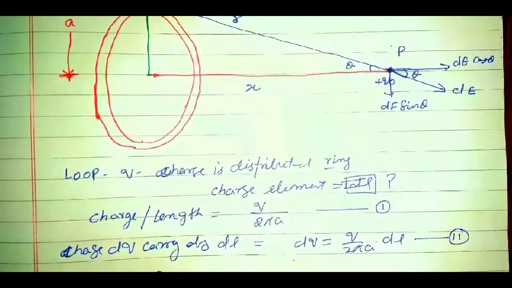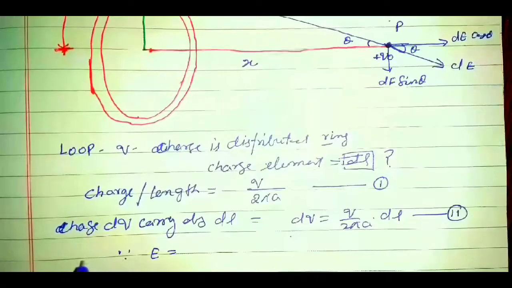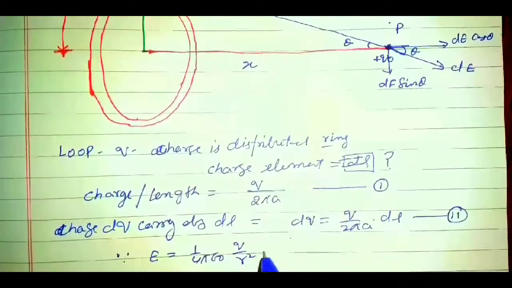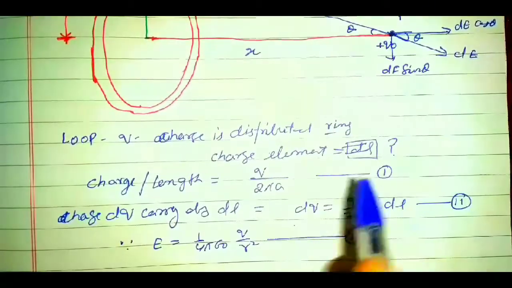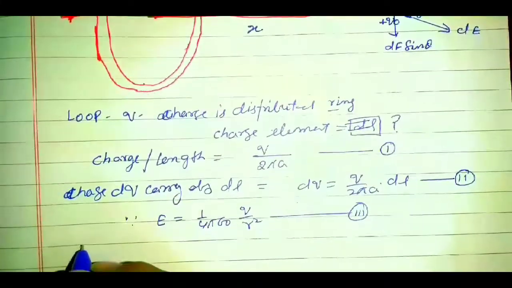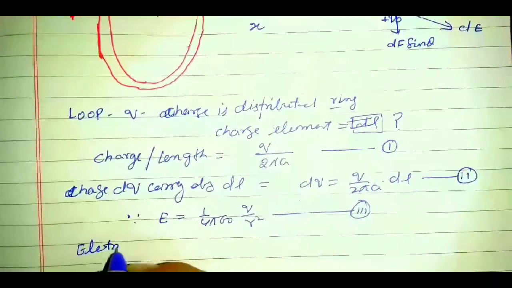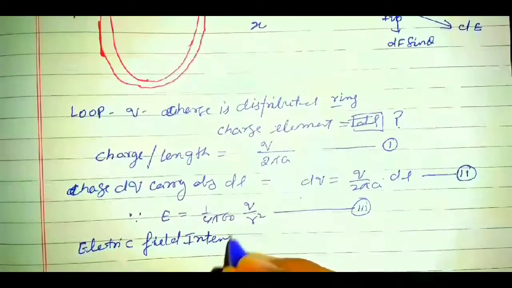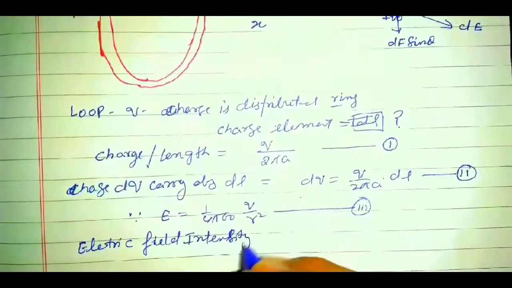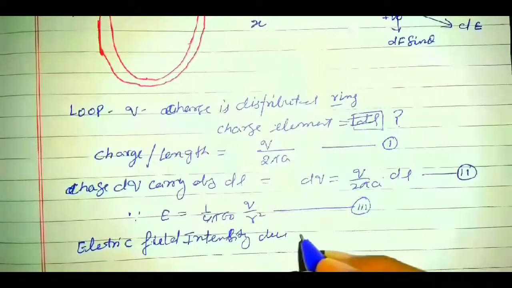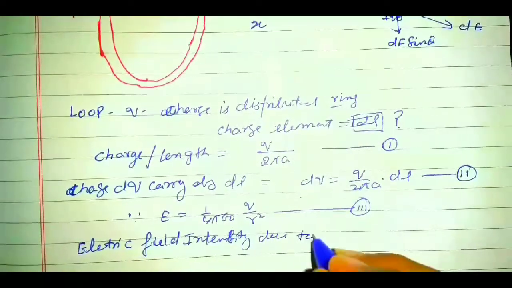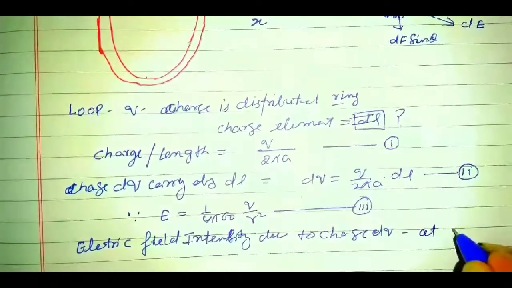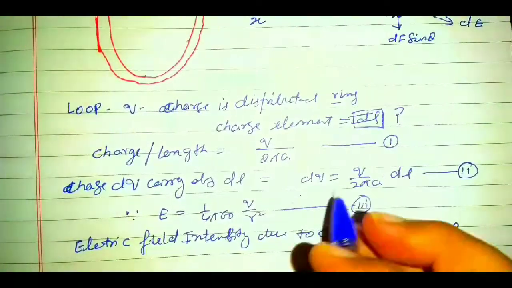Since electric field intensity is given by the formula 1 upon 4 pi epsilon 0 q by r square, putting this value, the electric field intensity due to charge dq at P is given by this formula.